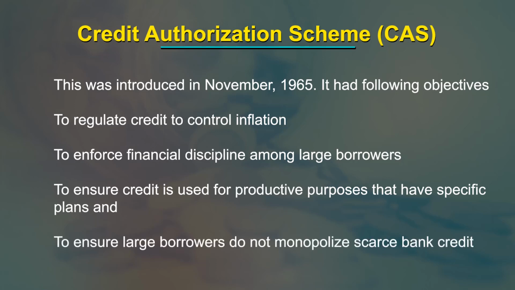And it ensures large borrowers do not monopolize scarce bank credit. There's a tendency that if I'm the biggest borrower, then I may control the banking system of a particular bank. That should not be the ideal case. This is not a healthy practice in any country, and particularly when the country is plagued with monetary issues, poverty and poor people.